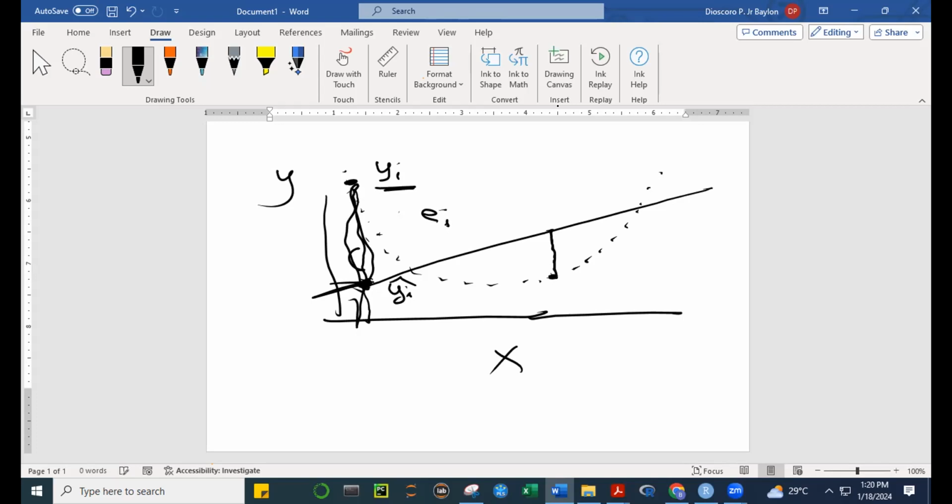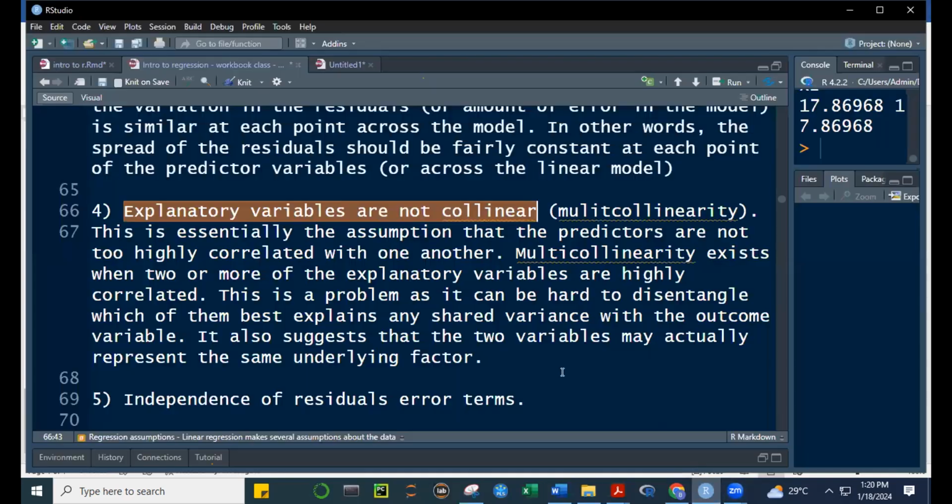If you drop a line here, this is another residual. So you will be able to generate a model. However, it will not be a good fit, kasi magiging malaki yung residuals natin. So more on that as we go along.